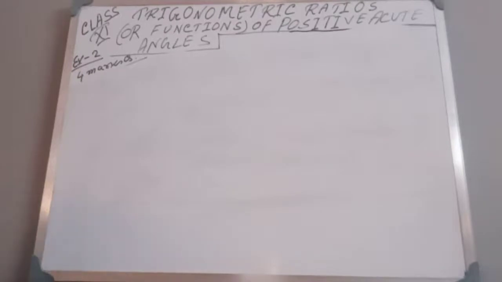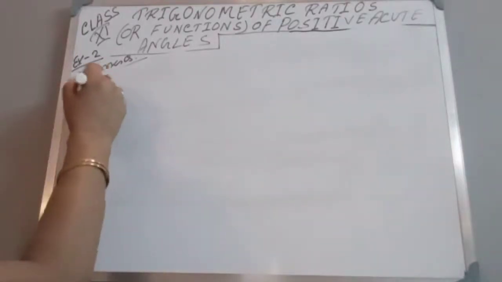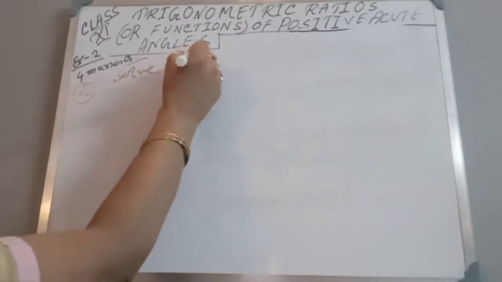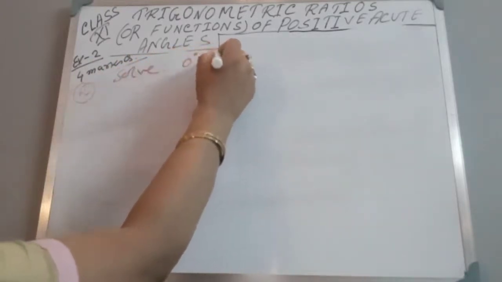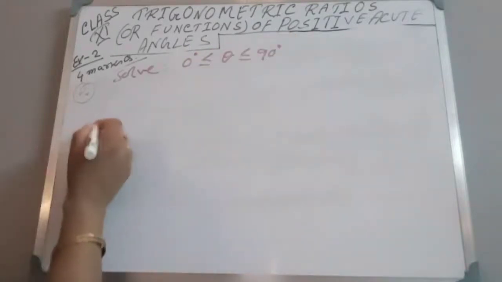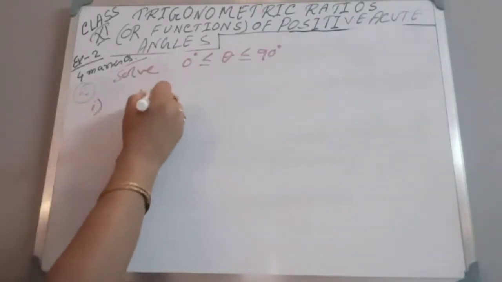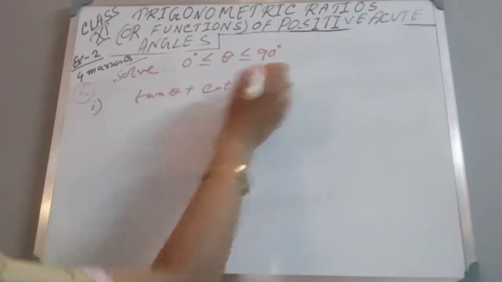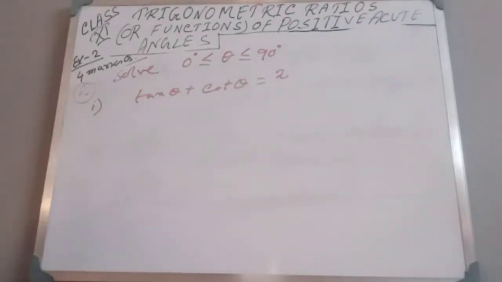Solve for theta, where theta range is given 0 less than or equal to theta less than or equal to 90 degree. What's the question? The question is tan theta plus cot theta is equal to 2. Here we have to find the value of theta.